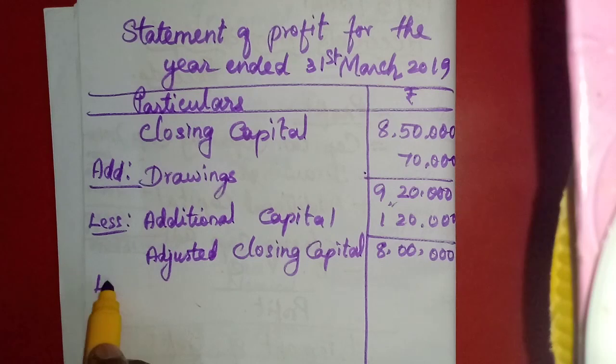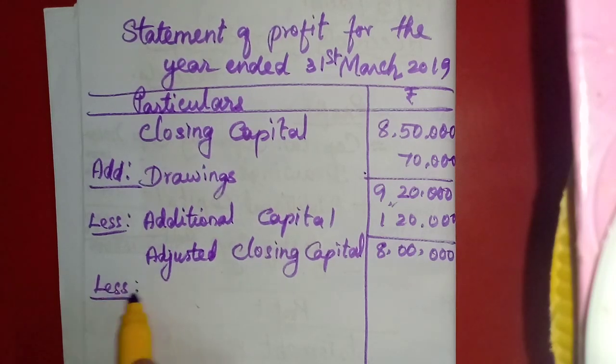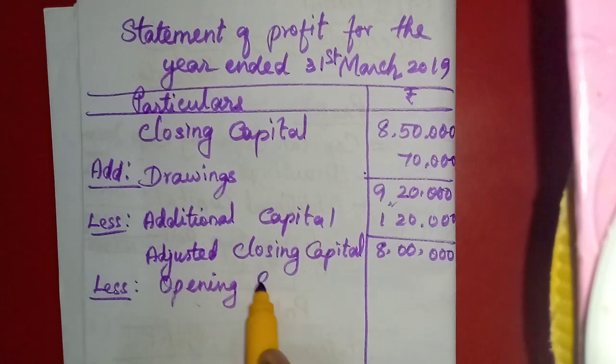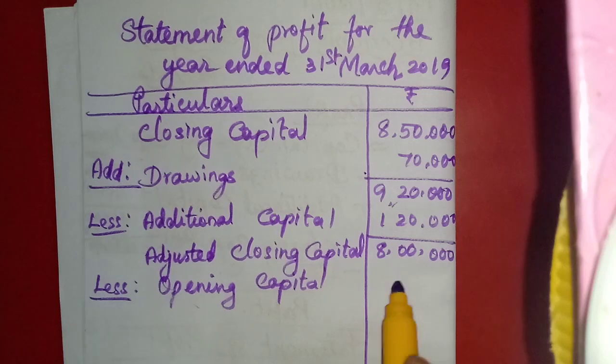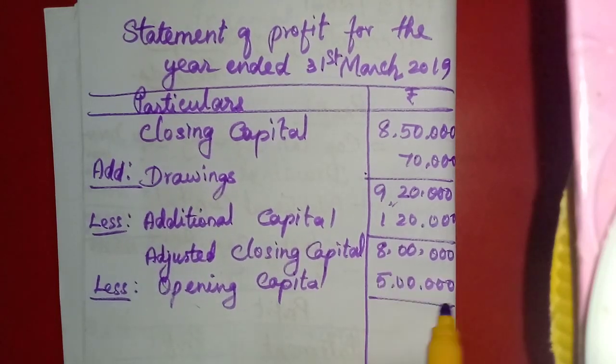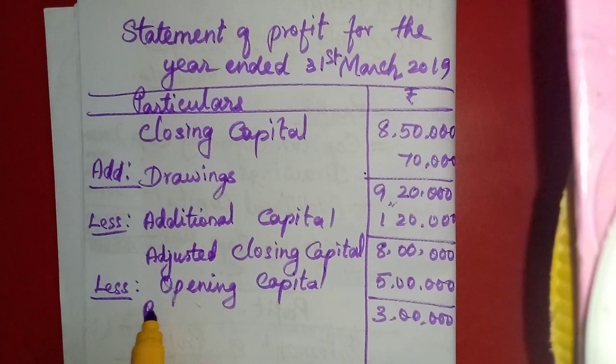Then less opening capital. Opening capital is 5 lakh. So 3 lakh. That is profit made during the year.